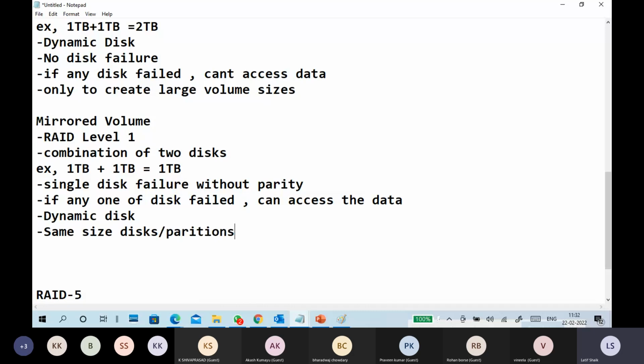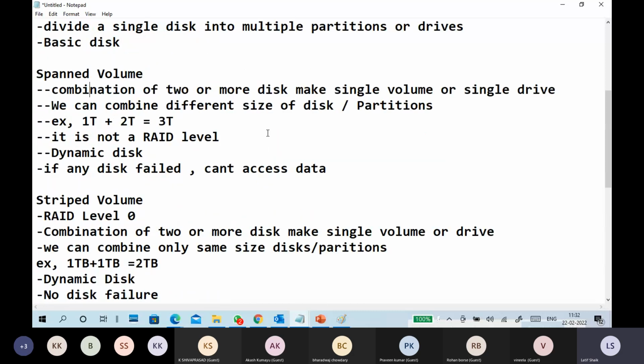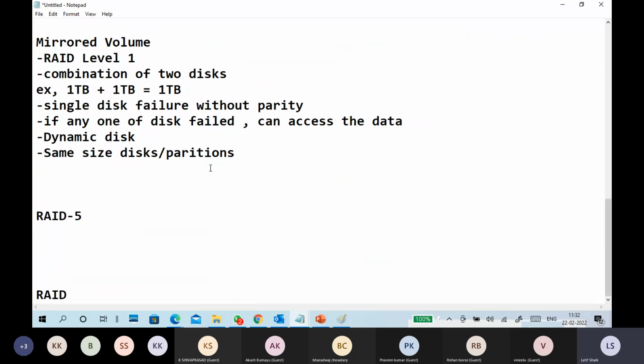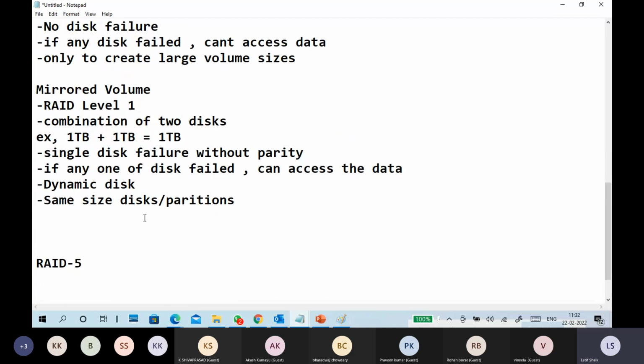It means 1 terabyte from disk 1, and 1 terabyte from disk 2. All are same sizes only, guys. In a spanned volume we can take different sizes, but in all RAID levels we always take the same sizes only.